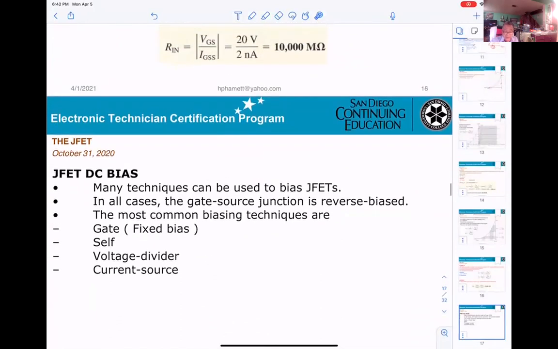Okay, so now this will stop right here, when they start with the JFET bias. Now what I want you to do is try to start with the one we told you to download for the review.